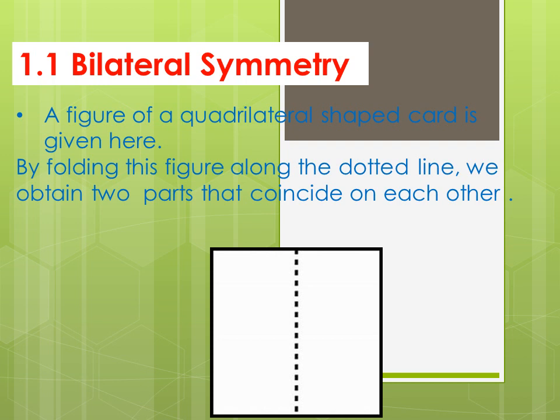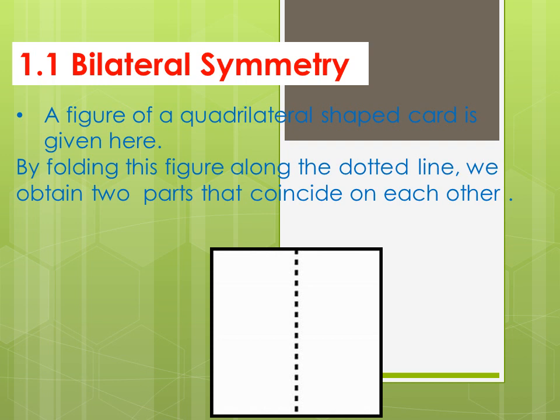By folding this figure along the dotted line, we obtain two parts that coincide on each other. So over here we can obtain two parts, this first one and this is the second one, and both of them coincide on each other. You might have done this at school.